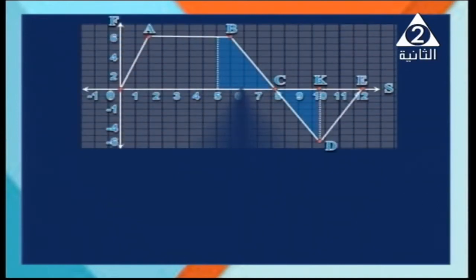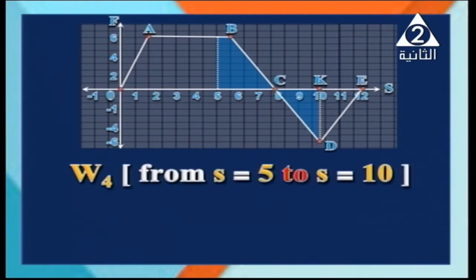Look at, my dear student, the work done from S equals 5 to S equals 10. We have two shaded regions. Look at the green region above the S axis, it is a trapezium. Its base 1 has length 1, base 2, from 5 to 8, is 3, and the height equals 6.